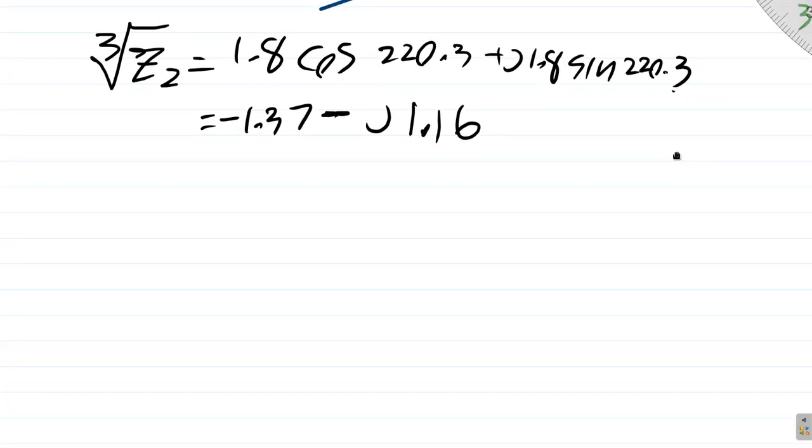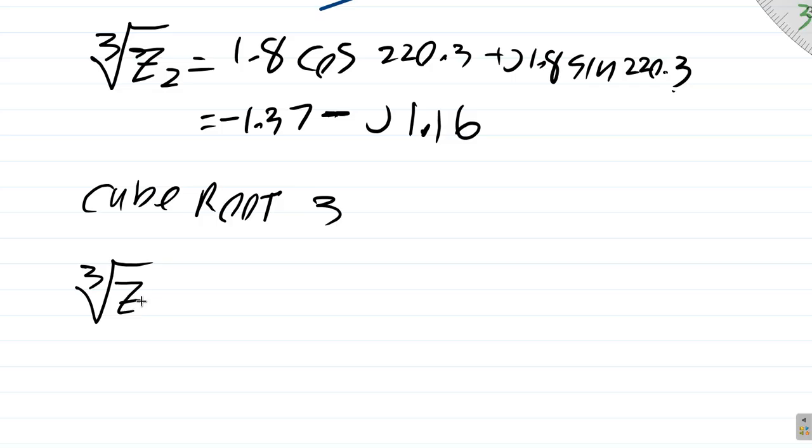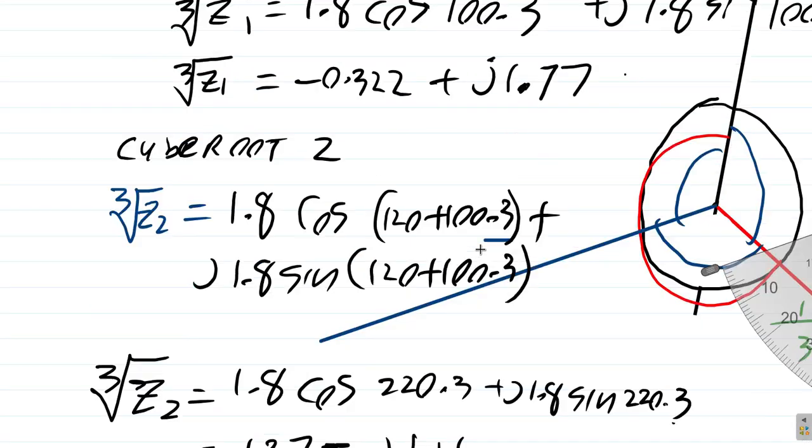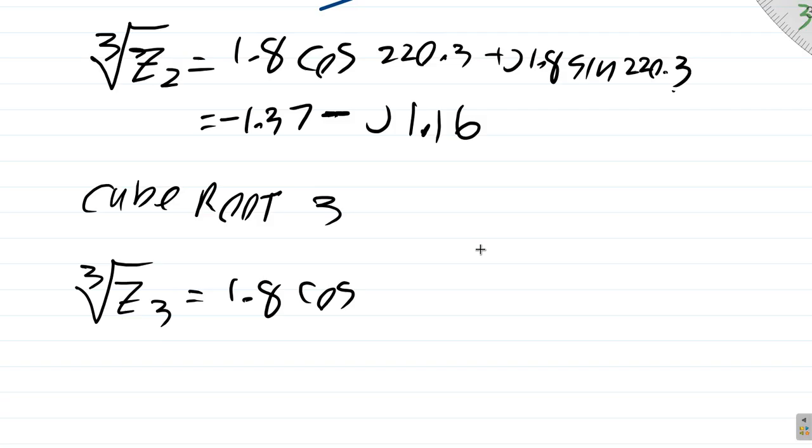And then after that, the cube root of z3 is 1.8 cos of 100.3 plus 120 plus 120, which is 240.